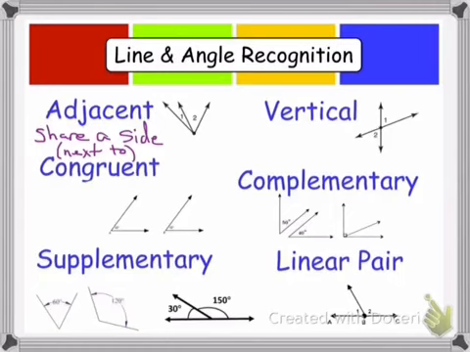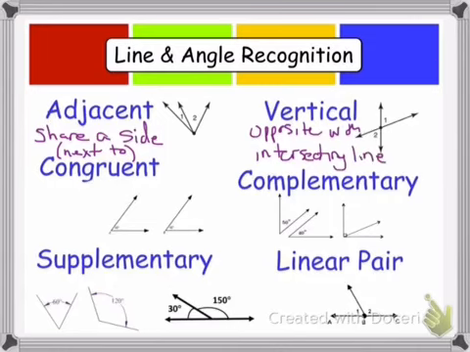Okay. Then we have vertical angles. Vertical angles are created with two intersecting lines and they are opposite of each other. Sorry about my writing on this one.